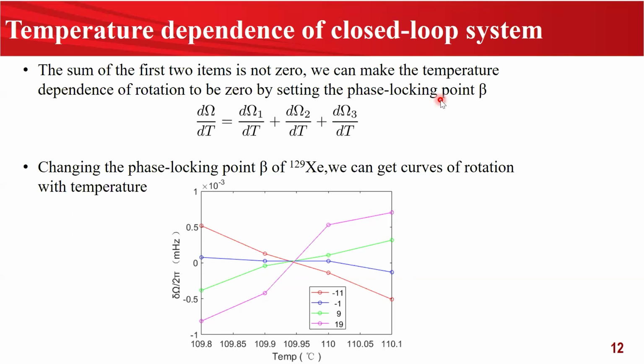Here are the experiment results of the rotation dependence on temperature at different beta. And you can see from the blue line that there exists a beta that makes the temperature dependence of the whole system 0.